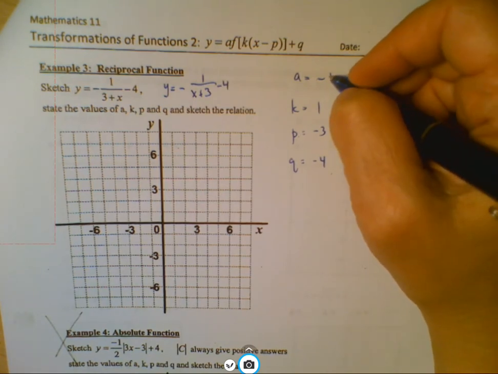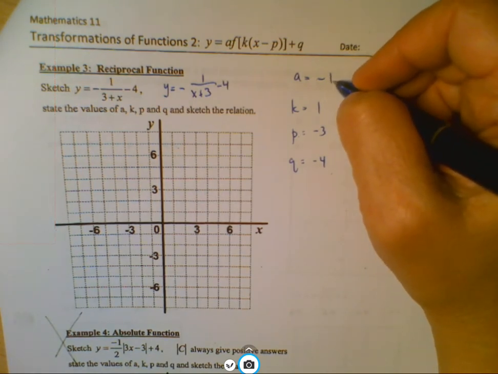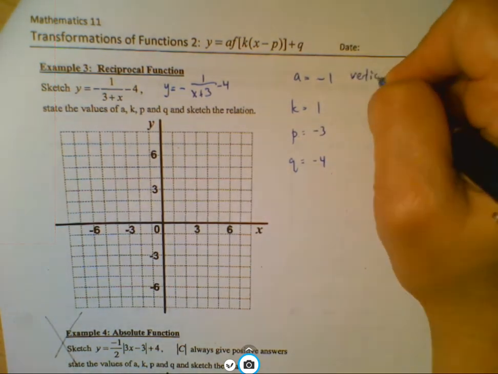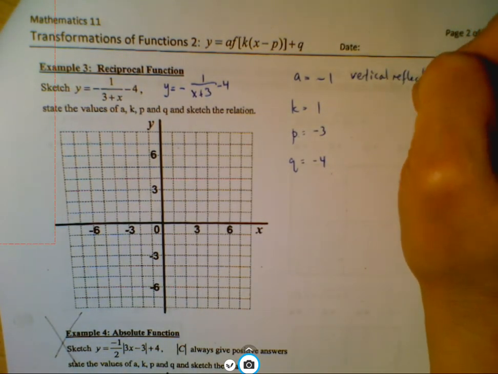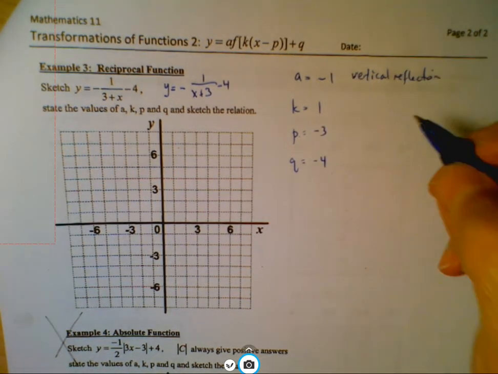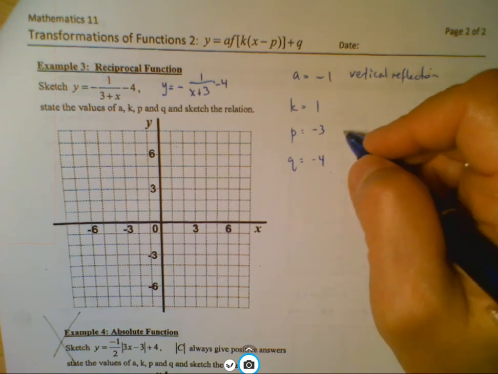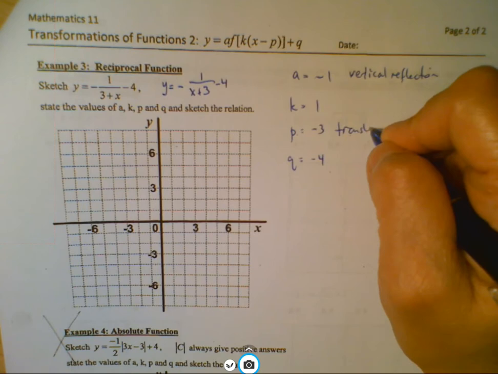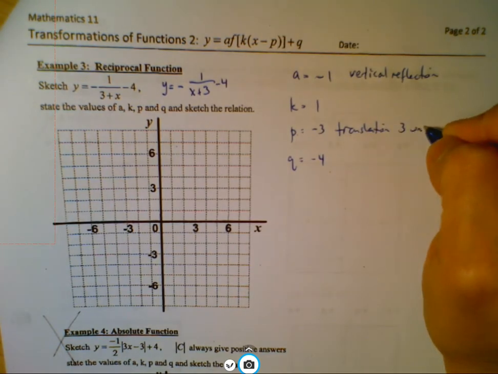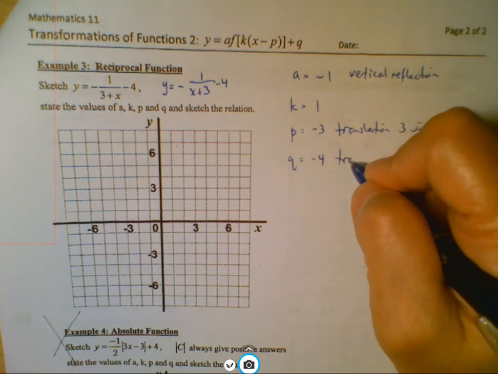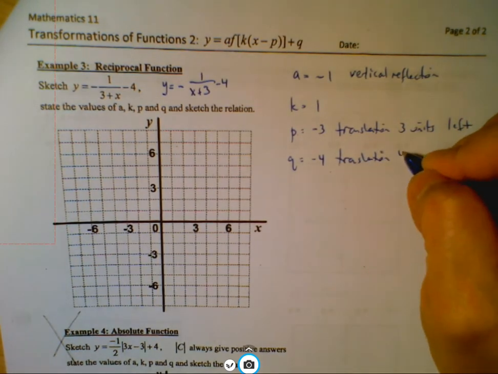Doesn't show us a stretch because the size of A is 1, but there is this negative, which means that there is a vertical reflection. Okay, this k is 1, so there is nothing there to write. There's no transformation there. P is -3, which means it's translation 3 units left. Q is -4, which means it's translation 4 units down.